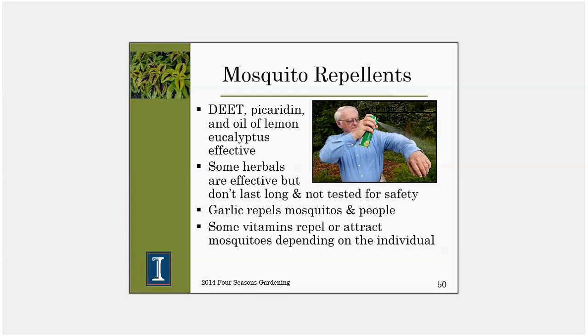Some herbals are effective, but the main difference is they don't last very long, and also, being an organic material, they fall outside the requirements for testing for safety. And realize that some of the strongest poisons known to us are botanical.